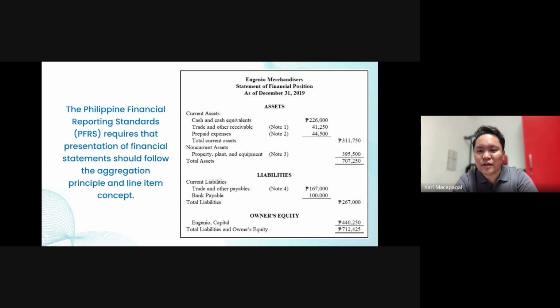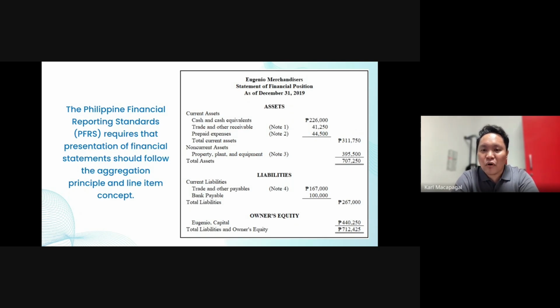Now, we still follow the heading, which starts with the name of the business, title of the report. In this case, it's a statement of financial position or simply balance sheet, and the date of the statement as of. We use the term as of because the balance sheet is prepared as of a given date. In writing the date, therefore, it starts with the phrase as of.